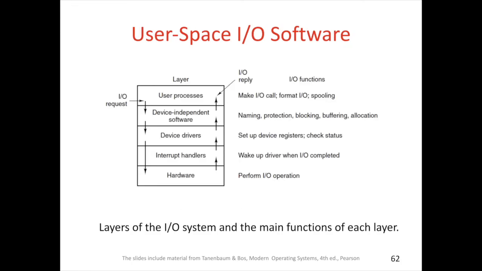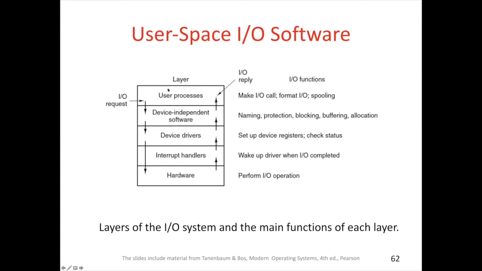In this figure, the layers of the input-output system and the main functions of each layer are given. At the bottom, we have hardware. On top of it, we have interrupt handlers. Then we have device drivers. On top of it, we have device-independent software and user processes.